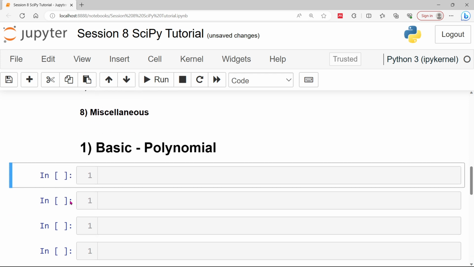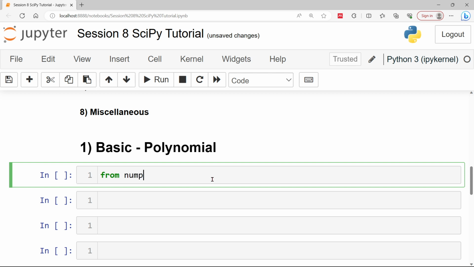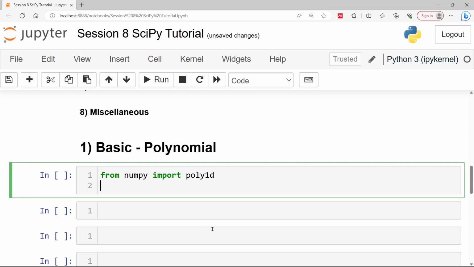What are polynomial terms, right? So allow me to import from NumPy. I'm going to import poly1d, the one-dimensional polynomial module, from my NumPy module, right?